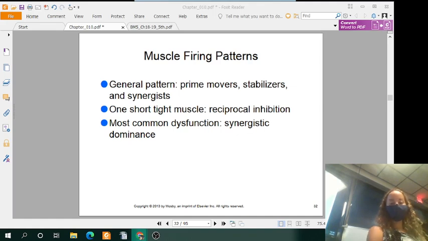Okay, so basically, we're figuring out what's going on with their body when we're checking their patterns. Any muscles that are too strong, we want to inhibit them so they can let go of the pattern of staying tight and contracted.